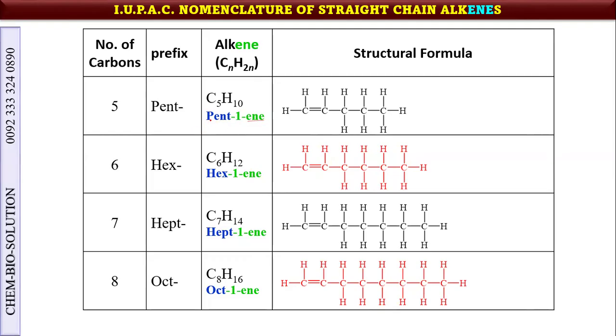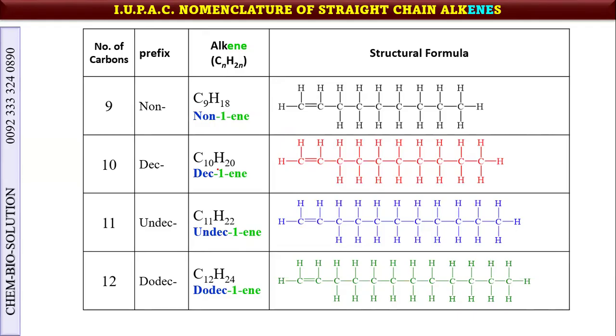But previously, we also used the term 1-pentene, and it is still used in Pakistan and India in their local educational systems. But according to the 2013 recommendation of I.U.P.A.C, this is wrong. Okay, and that's why Cambridge always follows this. Cambridge or Edexcel, Pearson board, they always follow this 2013 recommendation.